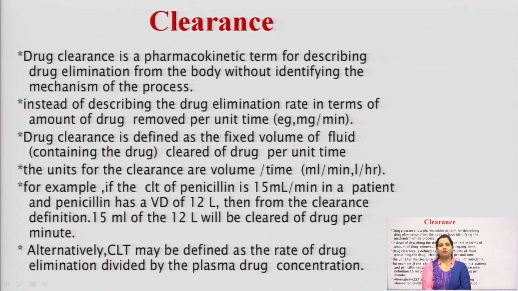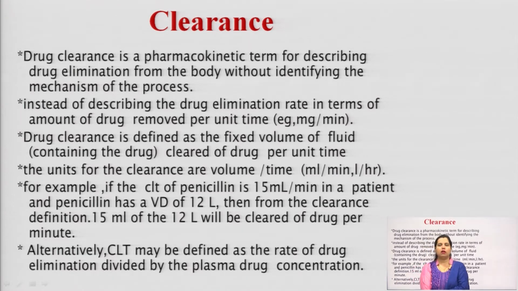We have been discussing in our earlier sessions about clearance and the various models of clearance. Now we again have a look at clearance and its basic estimations. Drug clearance is a pharmacokinetic term for describing drug elimination from the body without identifying the mechanism of the process.